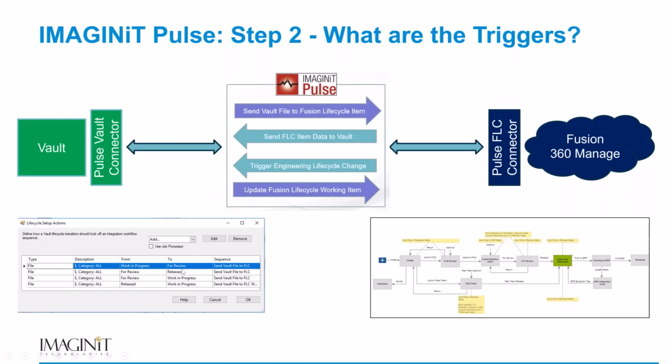So these are things that can be configured on our Vault connector. On the Fusion Manage connector, we generally are working with a lot of different change order workflows and that kind of thing. And any of these workflow steps can have associated to it a trigger which will send the data down to Vault in this particular example. So yeah, we do a lot of work in setting up the triggers and when these things should happen.